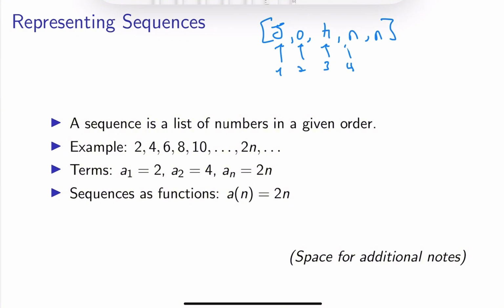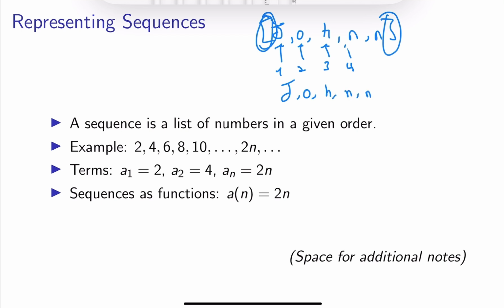The typical way of writing a sequence is by not writing these things, because the sequence can be infinite, right? So you don't write the square brackets. One way to represent a sequence is by listing its elements as such.